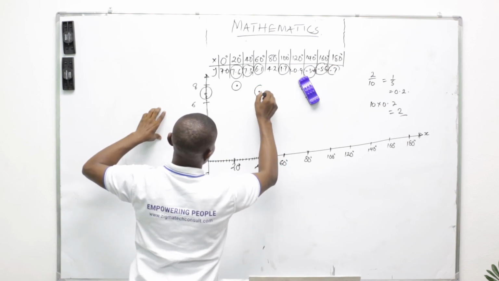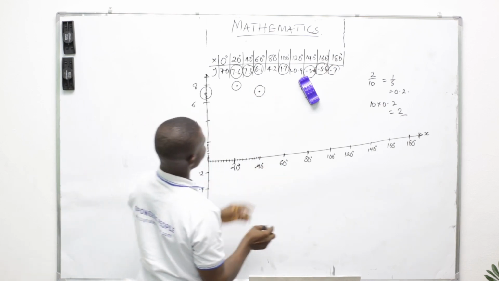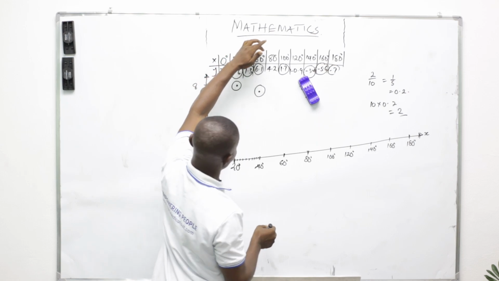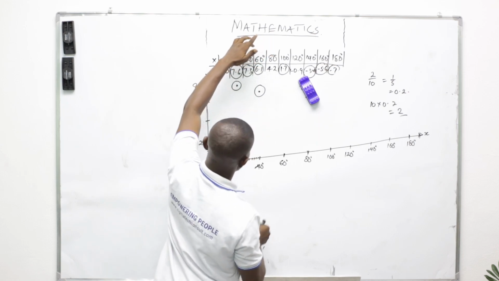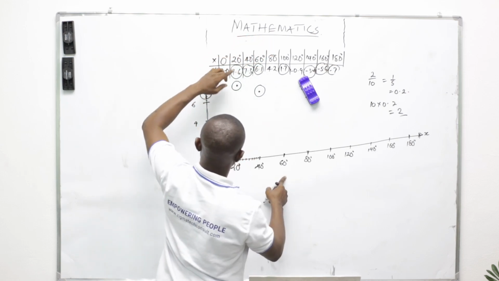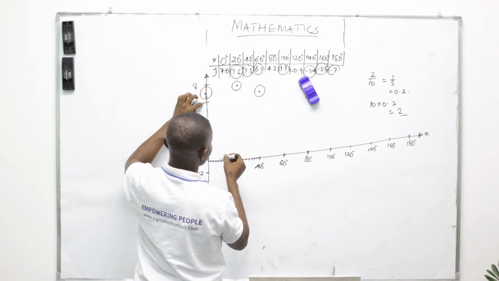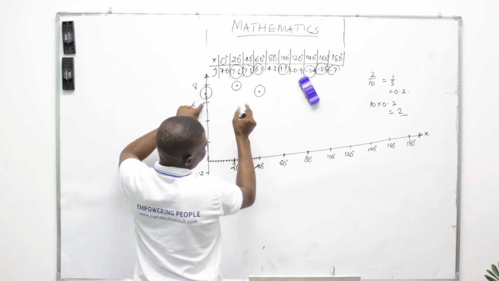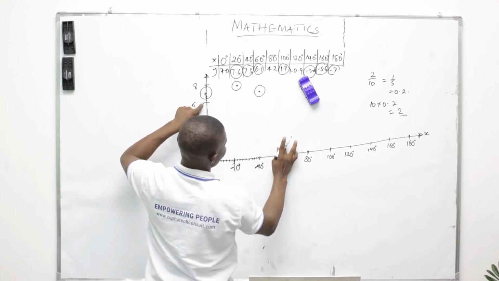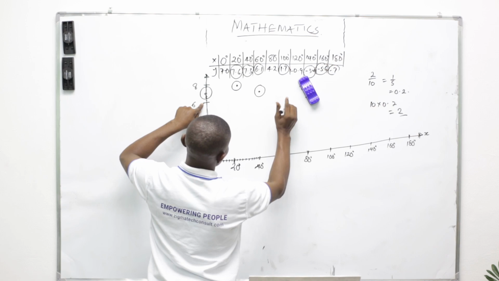Circle it. The next, when x is 60 degree, this 20, 40, 60, we have 6.1. This is 6. Half of that square, just one square is what we needed, but half of it, meaning just a little move.